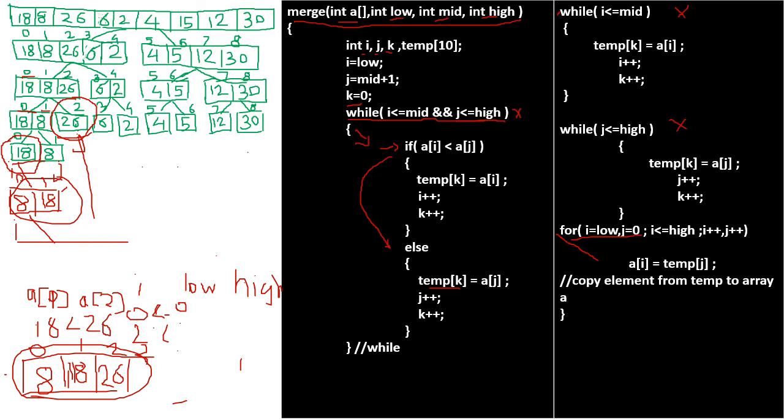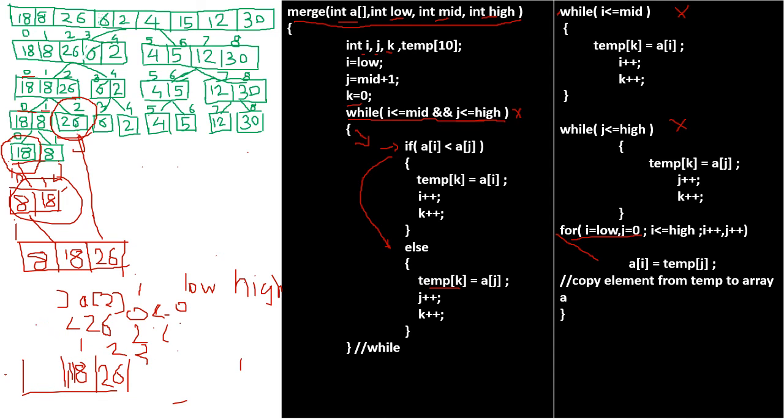That is, here we get sorted elements like this: 8, 18, and 26. Now from indices 0 to 2, the array elements are sorted.